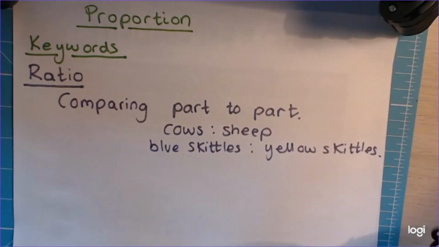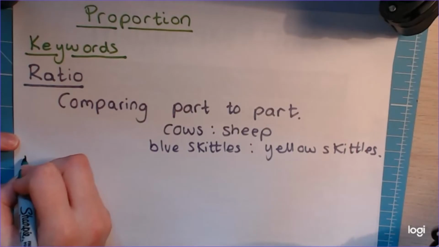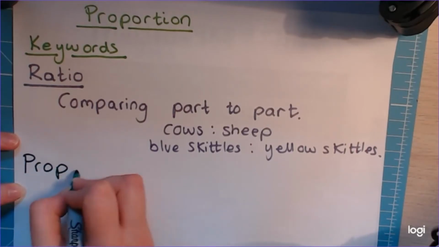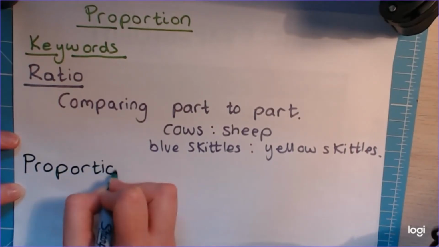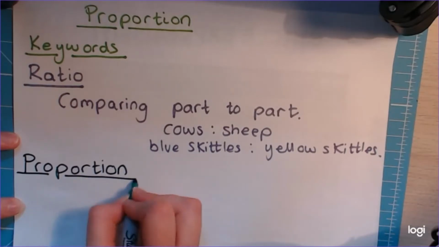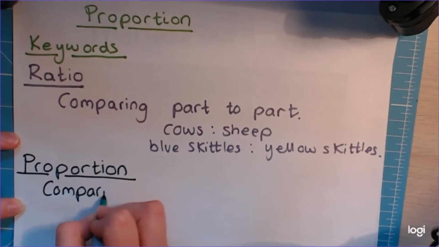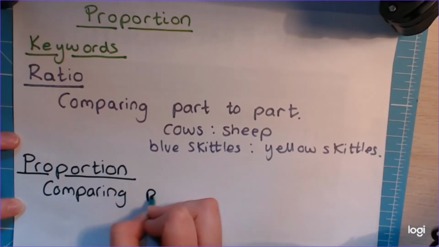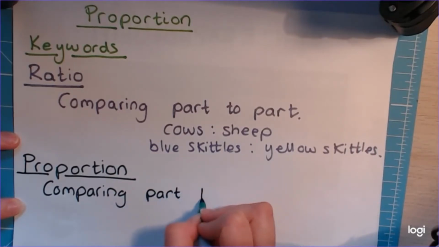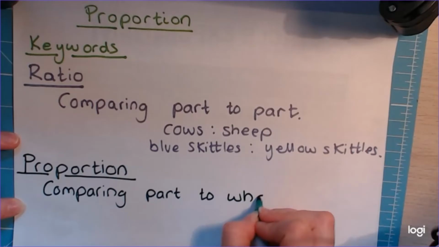Now the second one I want us to write down is obviously going to be proportion. And just find a different colour so it stands out a bit. And this is our second keyword, proportion. And this is where we compare, or comparing, part to whole.